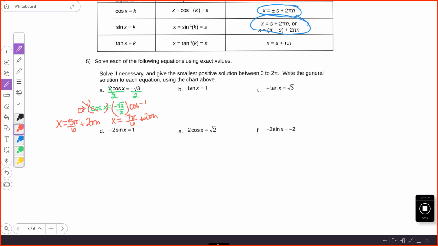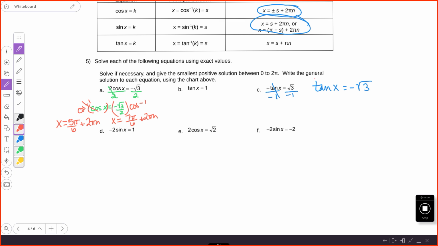All right, I'll do one more with you. Which one do you want me to do? A tangent one? Okay, let's do C. So I need to get x by itself. So I'm going to divide by negative 1. So that gives me tan x equals negative square root 3. I've got to get x by itself.